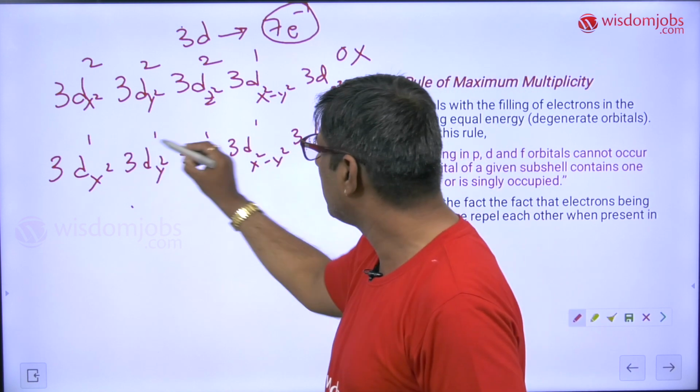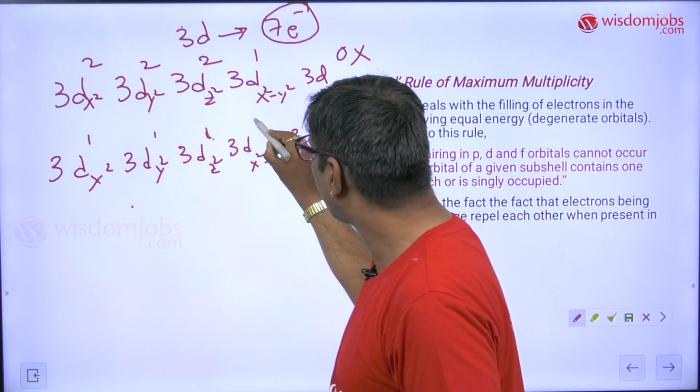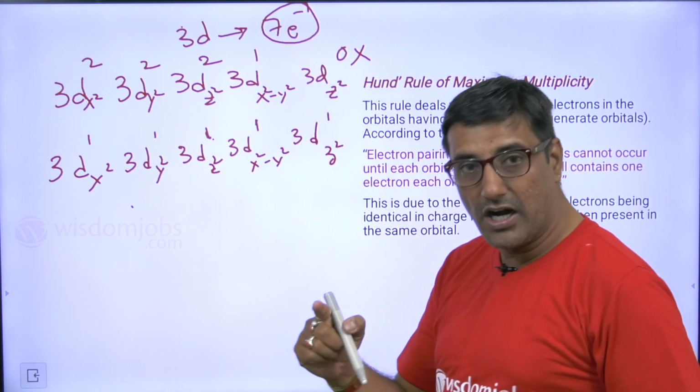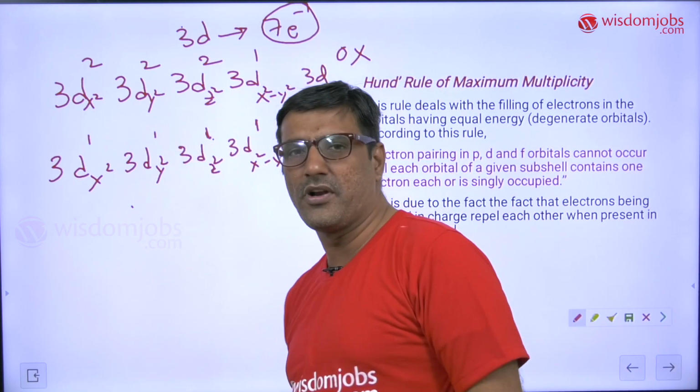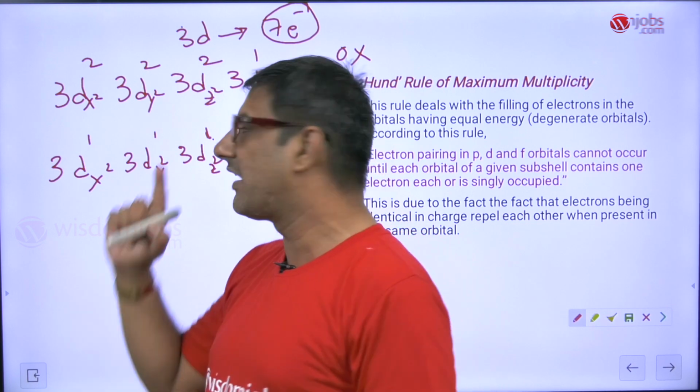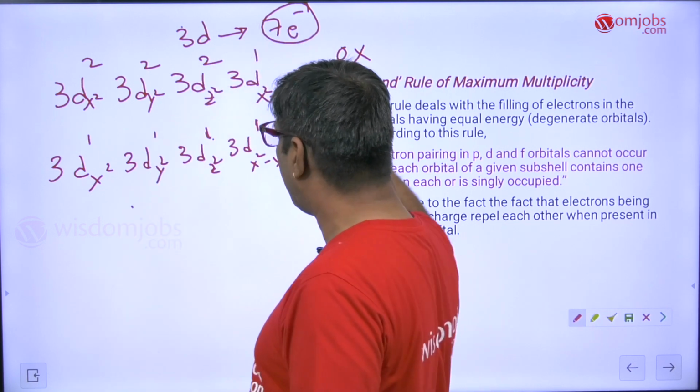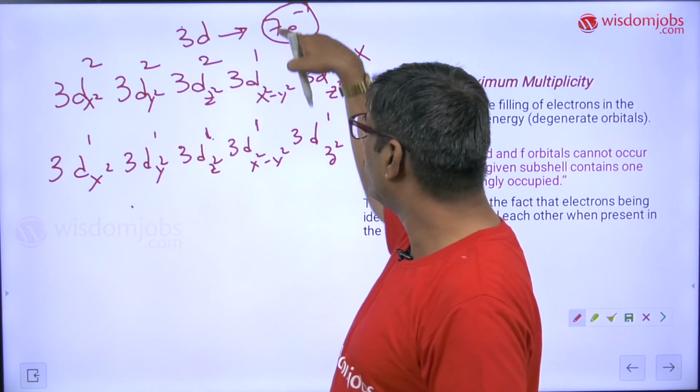After each orbital has got at least 1 electron, we are going to pair. Since 5 are already filled, 2 electrons are remaining.